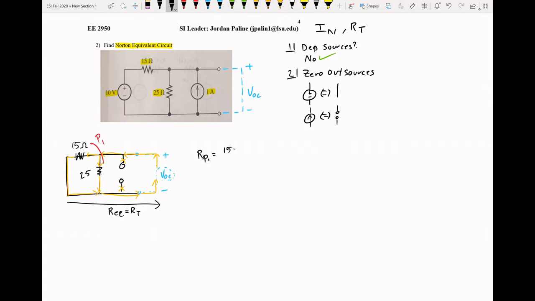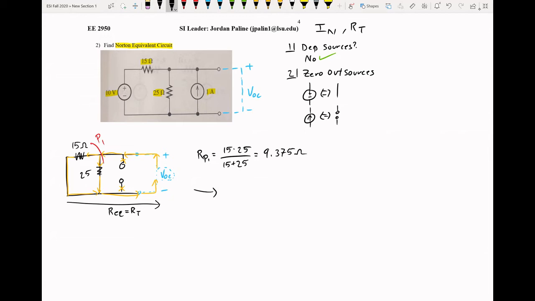That'll be 15 times 25 over 15 plus 25, and this will give us 9.375 ohms.